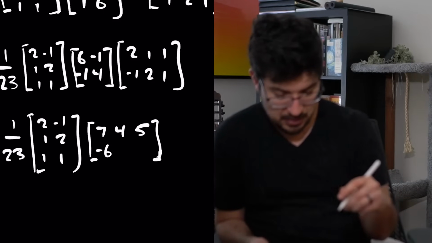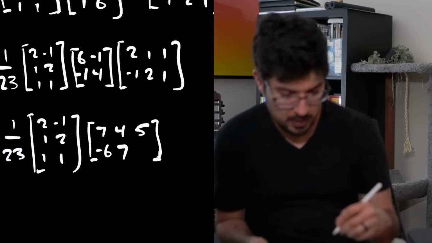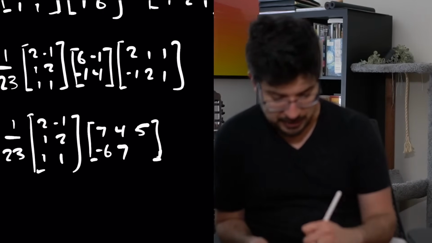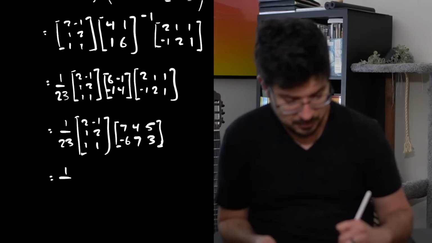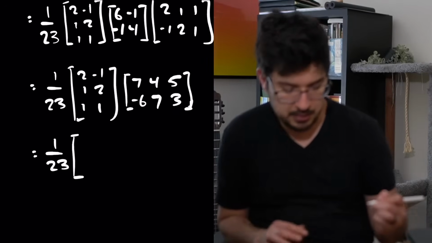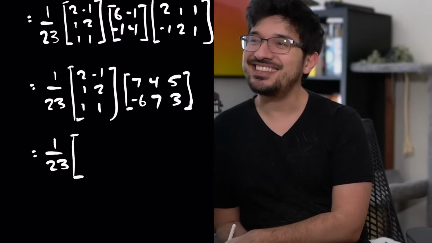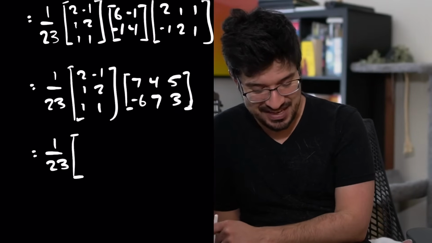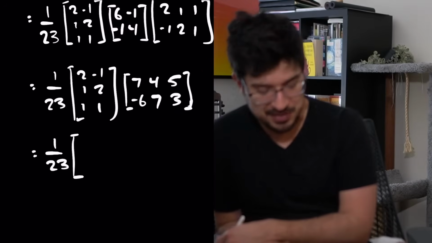Negative 1, 7. Negative 1 is 3. Now here we have, what's up? 6, 7. Yes, indeed. 6, 7 came up yesterday while I was tutoring somebody. It's always a fun time.